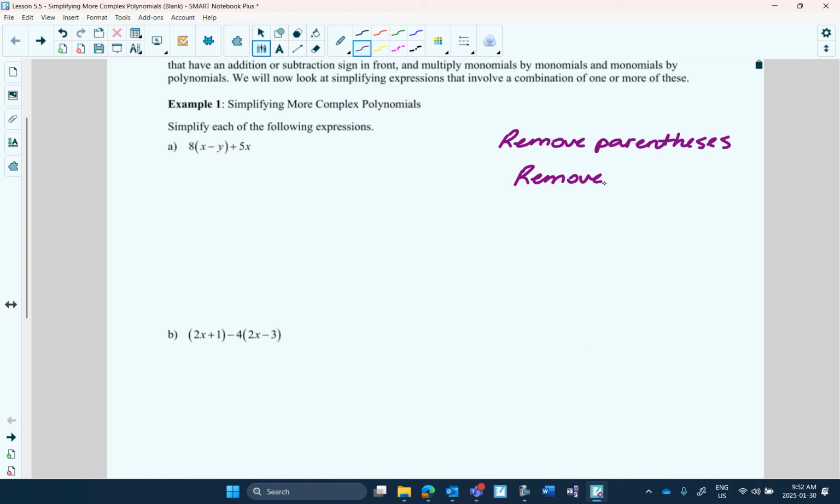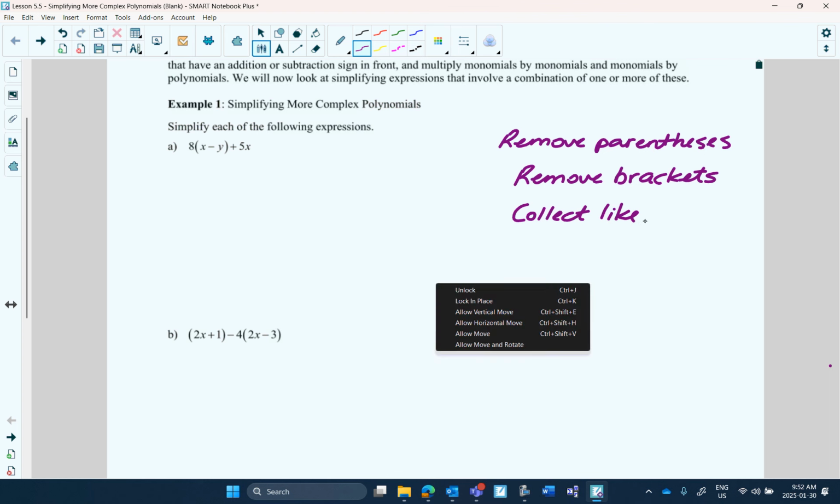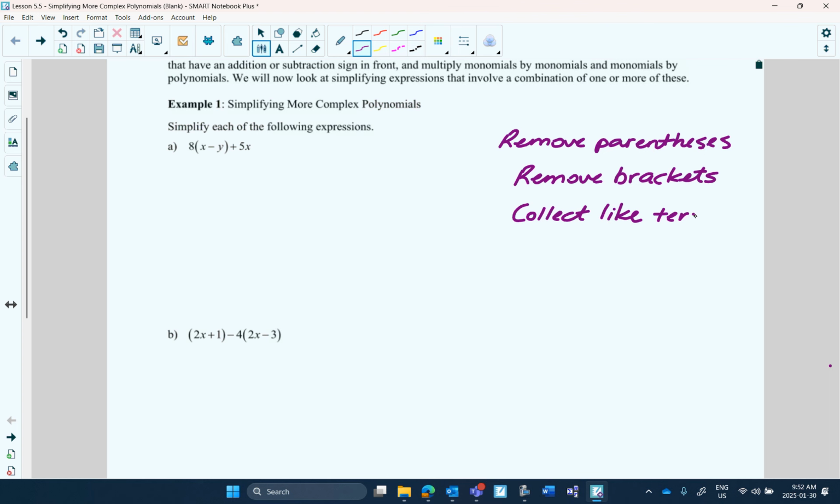Remember the difference between the 2. Parentheses are the rounded symbols, brackets are the square ones. Then collect like terms. Just always remember those, and no matter how complex it looks, you can work through it.